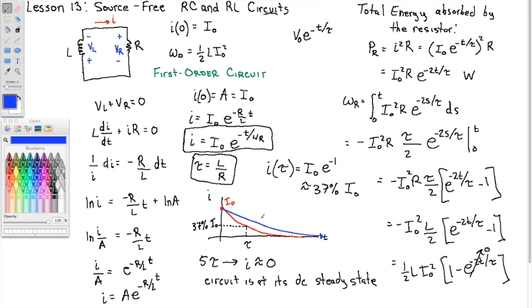So this would correspond to a larger time constant. It takes longer. And a shorter time constant, of course, could look like this. This would be a smaller time constant, that is.